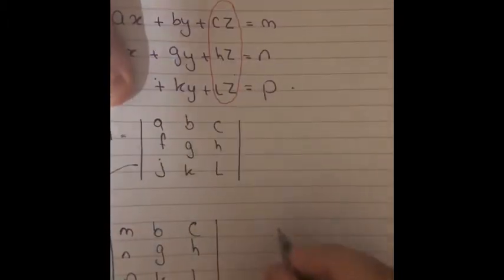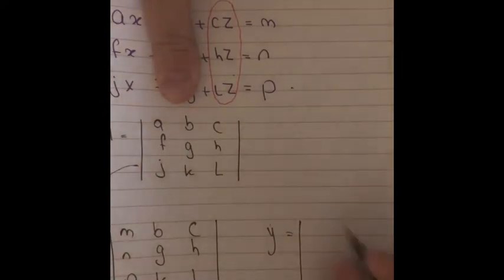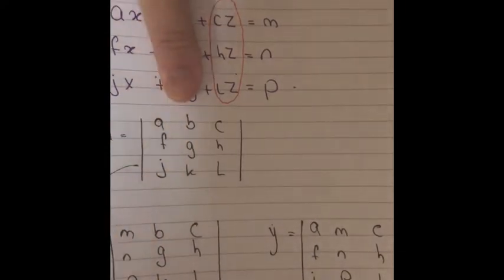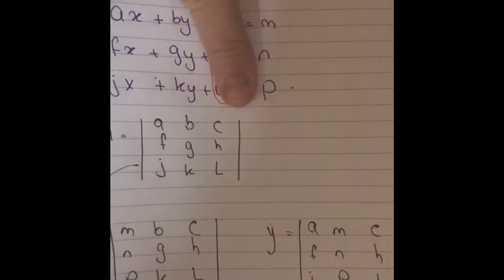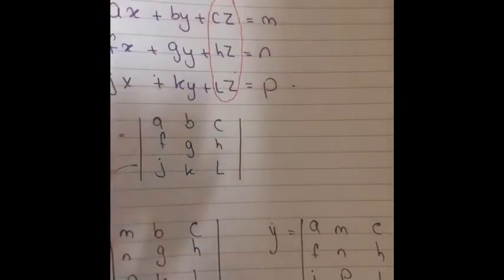And if you want to find y, put your finger on y, start with x, and then the answers, and then put the z. So a, f, j, m, n, p, and then put the z here, c, h, l, all over the coefficient matrix. Okay, what about the z? If you want to find the z, you would just go for x and y and then the answers.